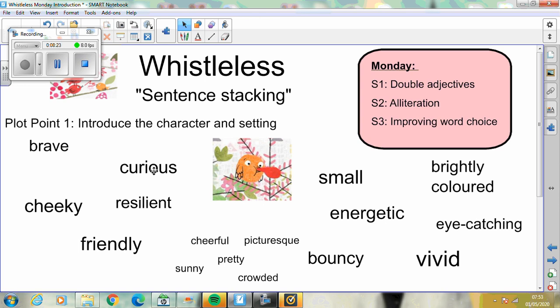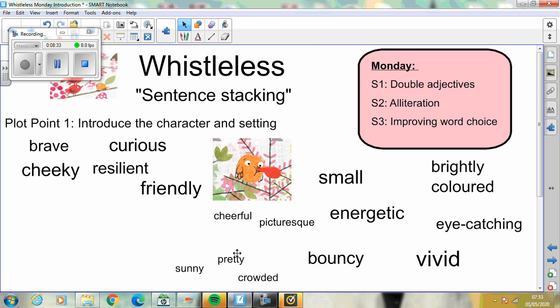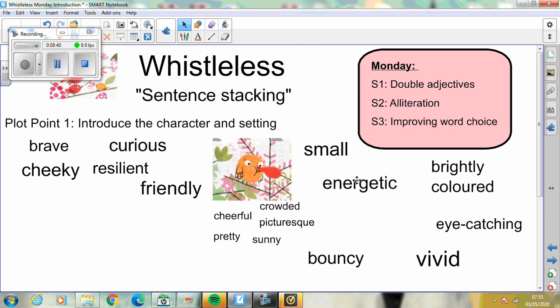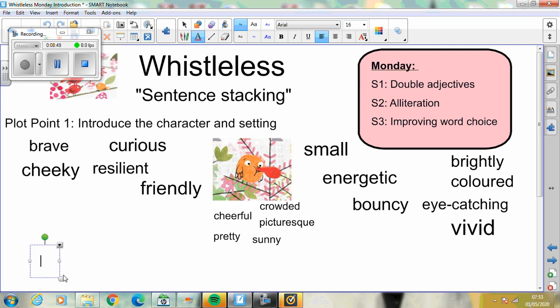So first of all, before we move on, I'm just going to demonstrate for you what double adjectives actually means within a sentence. I'm just moving these words out of the way so I've got space all on one screen to show you some examples. I'm going to start off my story.